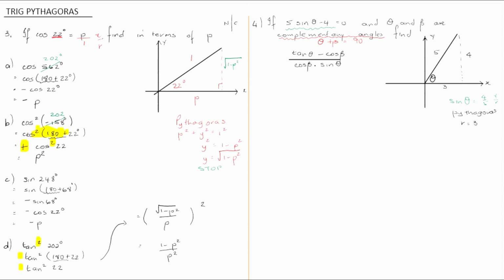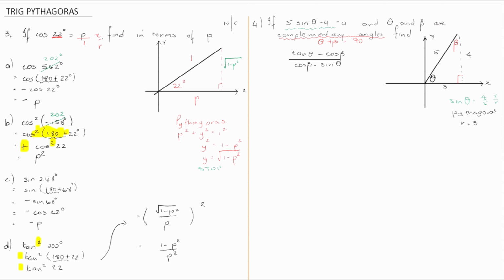Right, now important, going back to these complementary angles. I've labeled my diagram with the theta because that's where my numbers came from. If this is a 90-degree angle here, then this has to be beta here because of the sum of angles of a triangle.